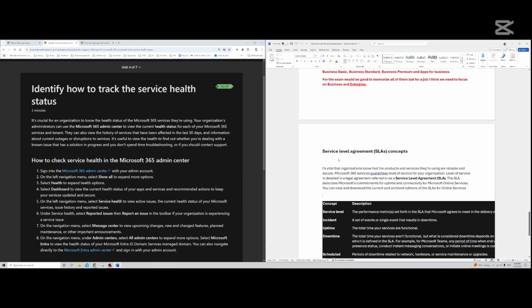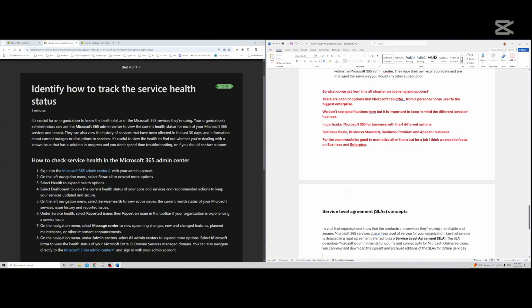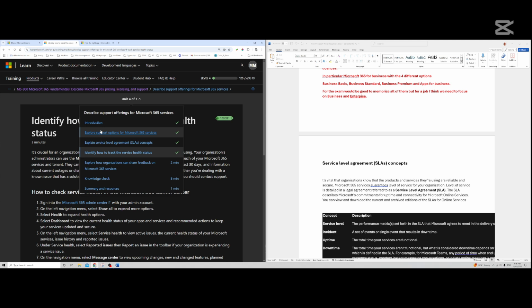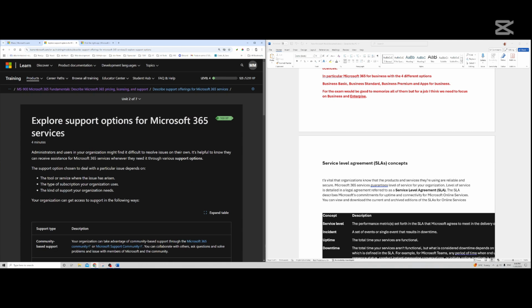There's not much notes here, but basically what we have done so far: we did a little knowledge test of the first module, and then we had a look at support, how to ask for support if you are a Microsoft 365 client.